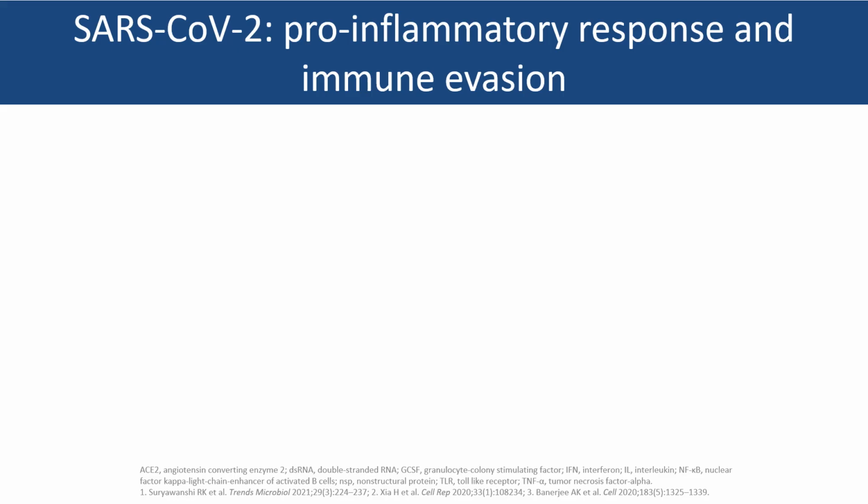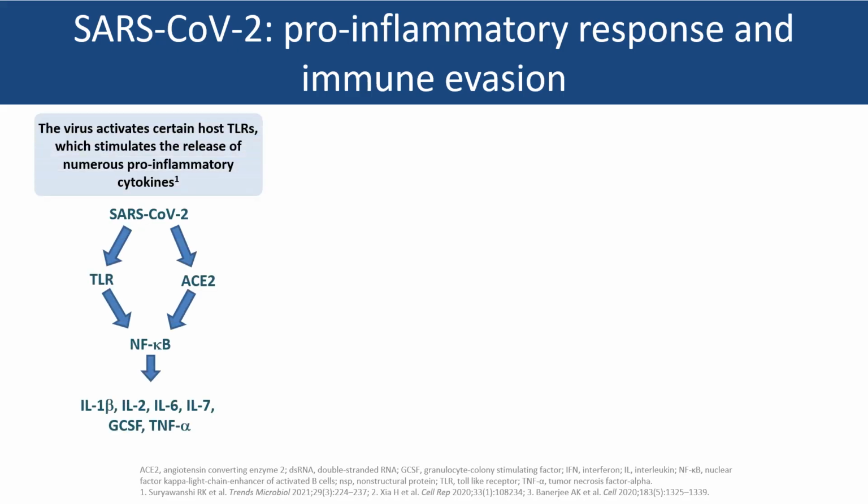First of all, the spike protein, upon binding to the ACE2 receptor, activates the transcription factor NF-kappa B, which is critical in the transcription of several pro-inflammatory cytokines such as IL-1, IL-2, IL-6, TNF-alpha, and others.